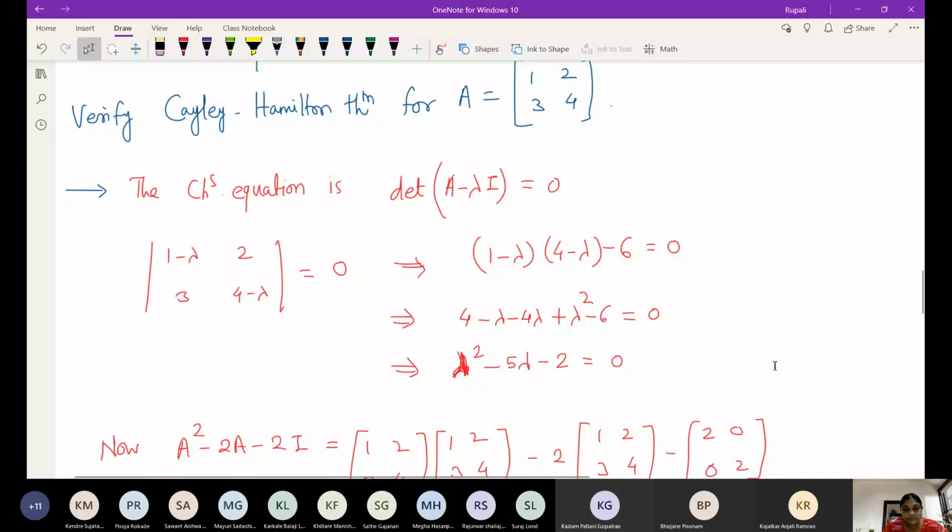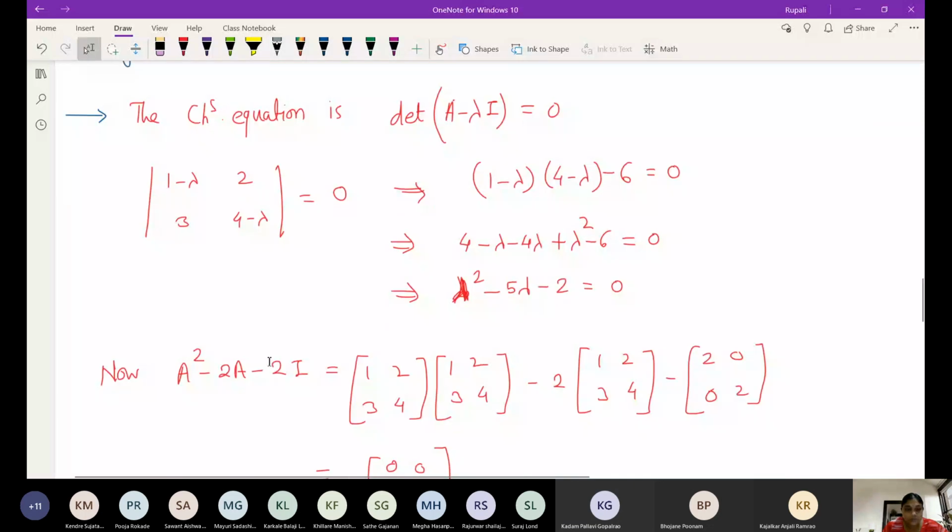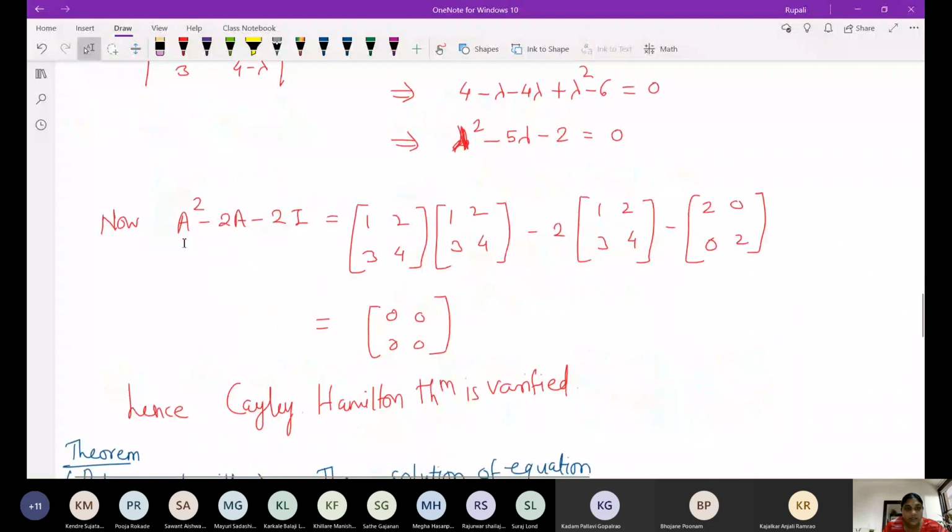Yes, ma'am. So from here, what I got is the matrix equation A square minus 5A minus 2 times I is equal to 0. So here A square I can write as a linear combination of smaller powers of A. A square is 5A plus 2I, right?